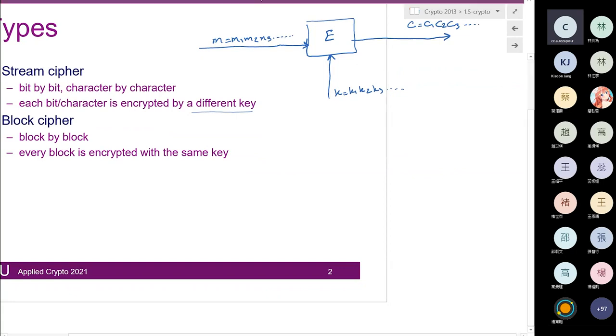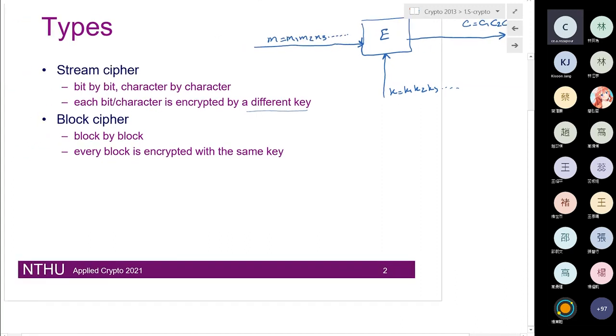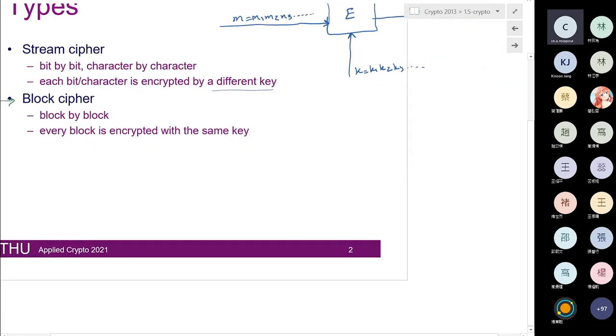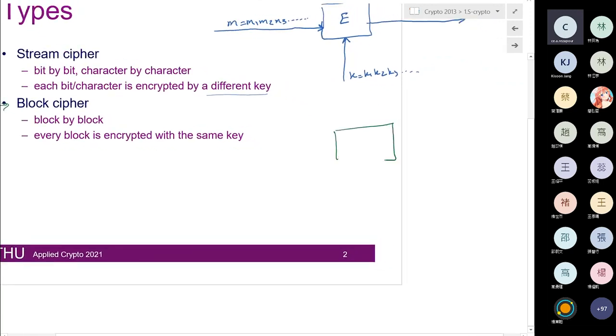Then at the same time, we have some other types of encryption system that we call a block cipher. Block ciphers are a little bit different. So it would look the same. You would take the E, and then a message would come in, and then it would take a key, and then it would output a ciphertext C. And normally it would be able to take a larger M. So for example, the size of M in RSA and AES is 128 bits, right?